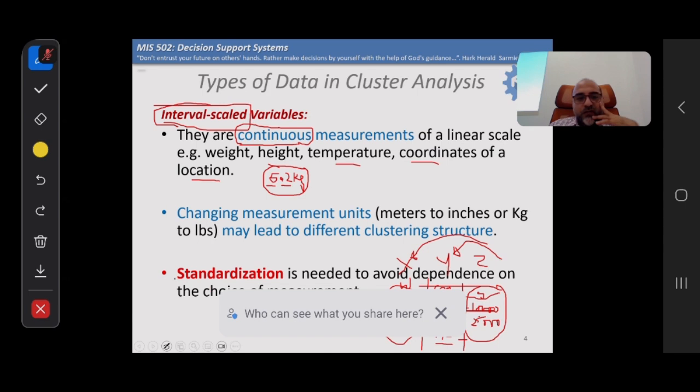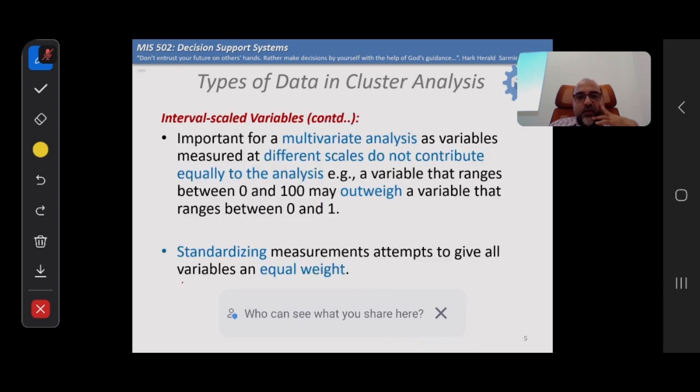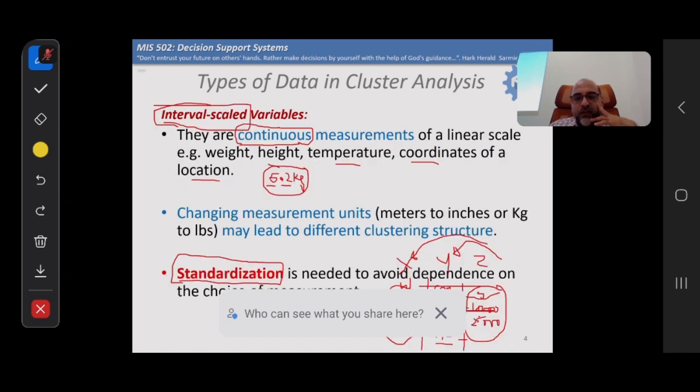So what is the solution? The solution is called standardization. So when you do standardization, you do a little bit of conversion, meaning that all numbers will then vary between 0 and 1, not between the 70s and 90s, and 10,000s and 20,000s, and 180s to 190s.